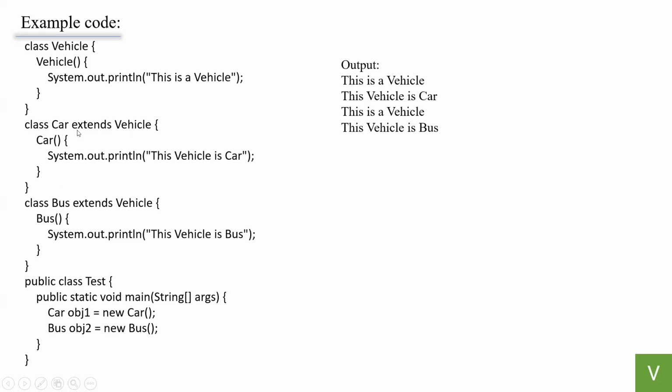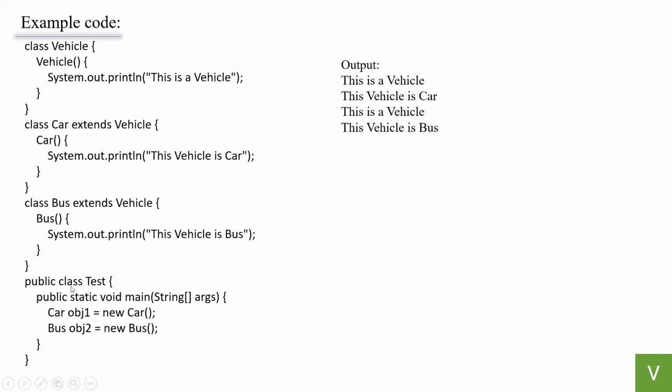We use the keyword extends to connect it with its parent. Class car extends vehicle, class bus extends vehicle. So now both car and bus have the properties of their parent class, that is vehicle. So class car can access the method vehicle and class bus can access the method vehicle.